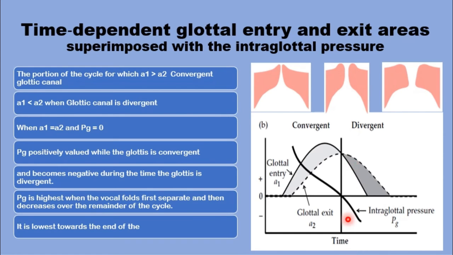As you can see, the glottic area entry is shown up here. So this is always more than the glottic exit area in the first half of the cycle in the convergent opening phase.